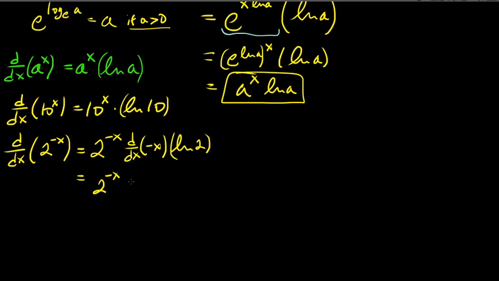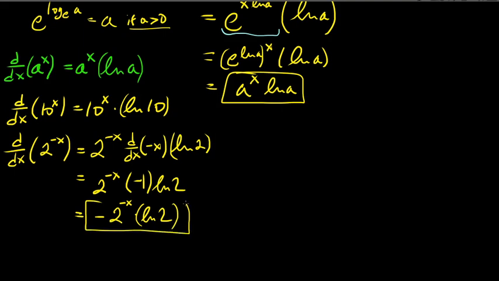Right, so the derivative of negative x is just negative 1 times log 2. So can we pull the negative in front? In fact, well, no, I'm going to leave the log in the back here. So negative 2 to the negative x times the natural log of 2. And just to be on the safe side, let's put the natural log of 2 in the parentheses.